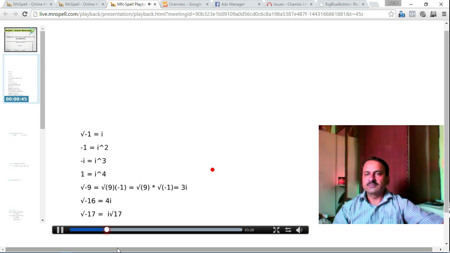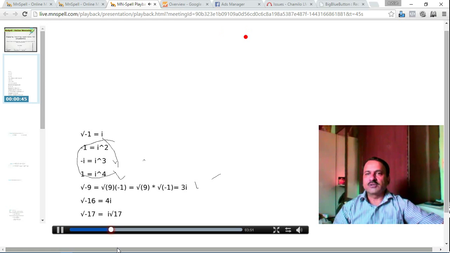So you have to remember that i square equal to minus 1, i cube equal to minus i, and i to the power 4 is 1. Whenever we will solve any expression containing complex number, we have to put these values.